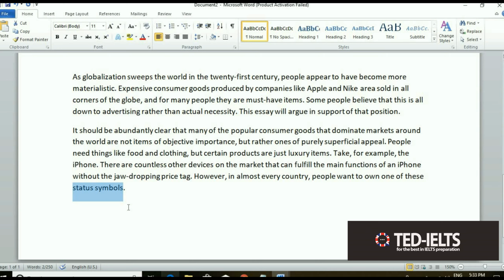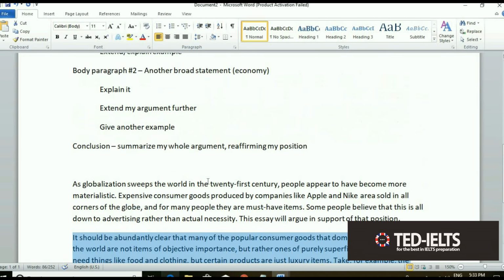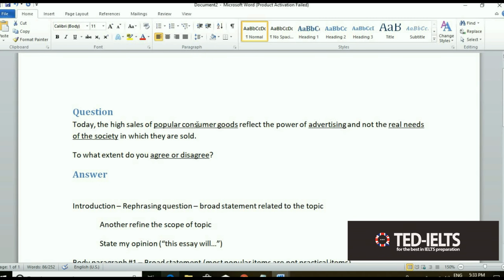So you'll notice I've kind of come this far and I'm supporting my position that popular consumer goods are selling better than the real needs of society, or things that fulfill the real needs of society. But I've not actually addressed this part of the question yet, and that would be kind of a big problem, except I'm going to do it in this sentence as the conclusion of these sentences, which are building up to this.